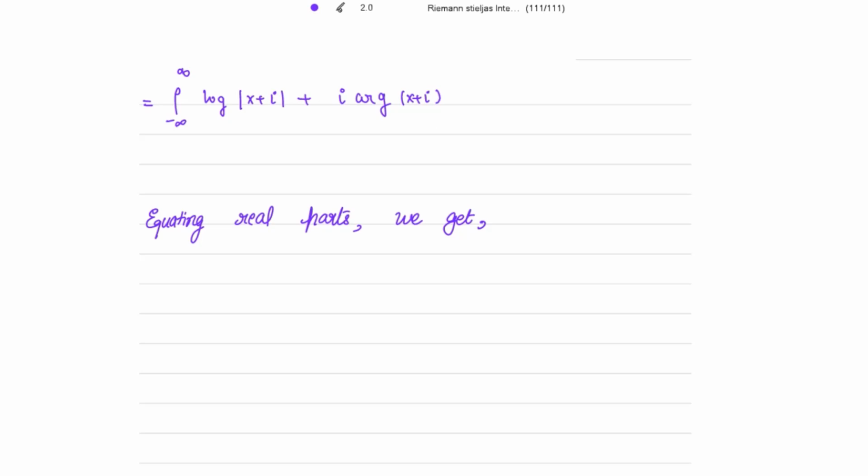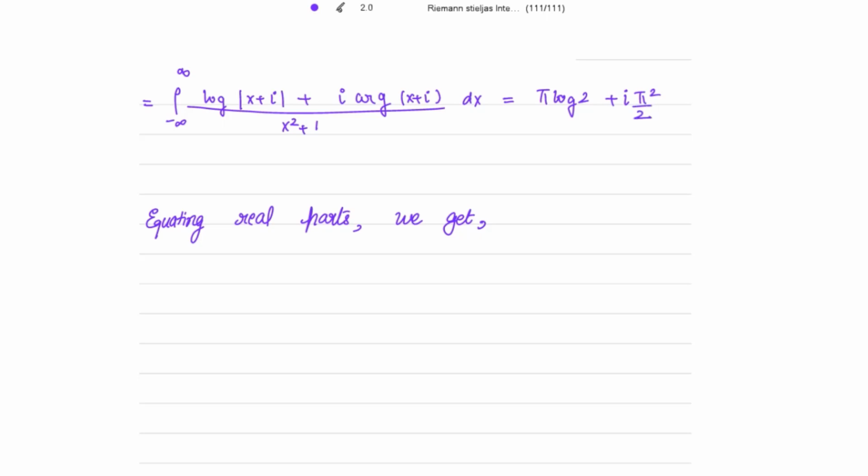You can replace that with any other variable in which you are comfortable. So over x squared plus 1 dx is equal to pi log of 2 plus iota pi squared by 2.